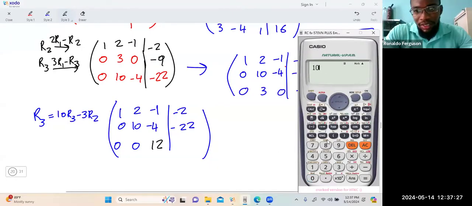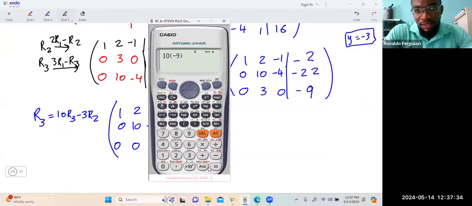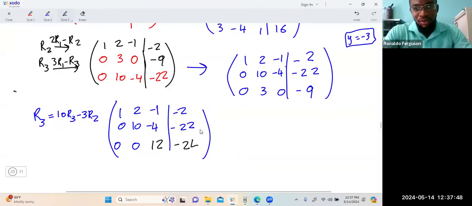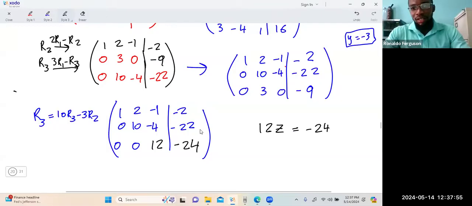So 10 times, man, this is so tiring. 10 times negative 9. I need to go eat my lunch. 10 times negative 9 minus 3 times minus 22 is minus 24. Man, that's tiring. Minus 24. So from this, obviously, 12z equals minus 24. And so z equals minus 2.